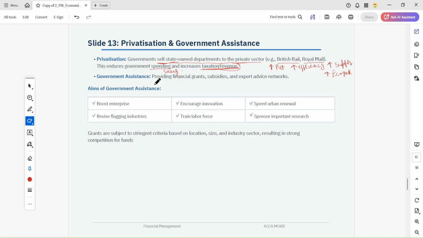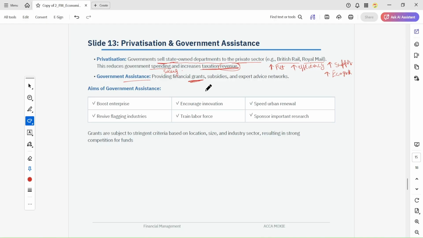Next is government assistance, providing financial grants, subsidies, and expert advice. Government assistance is when you provide some amount to new companies, to new startups.